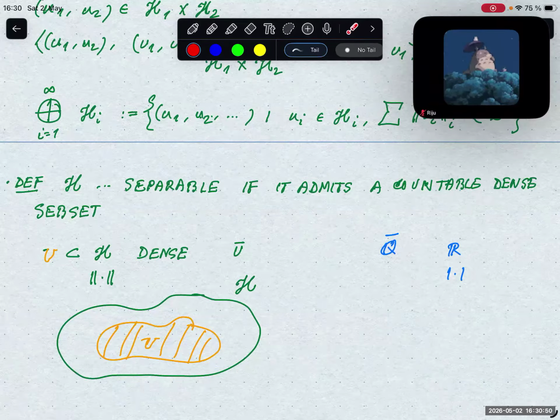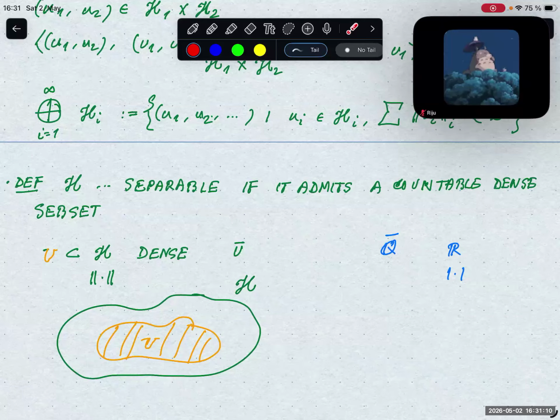But it may happen that you take any element here, and there is some sequence by which you can converge to that element. And if it is true for every element of H, then this is called a dense subset.